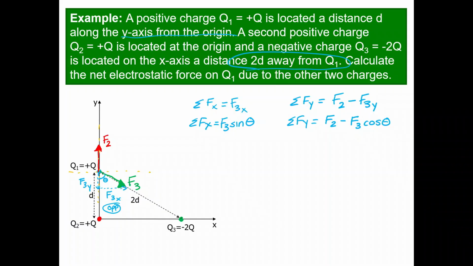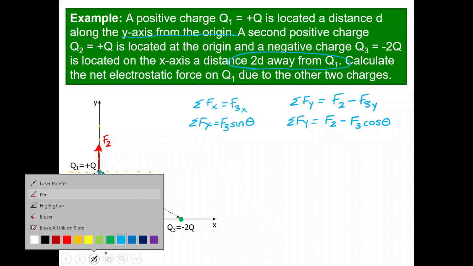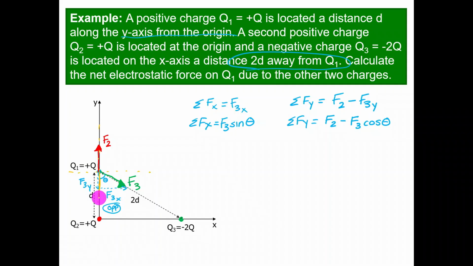So for the sine theta right there, I can actually find theta using my bigger triangle. So I have my bigger triangle right here. That angle theta, I have an adjacent side that is equal to d and a hypotenuse that is equal to 2d.